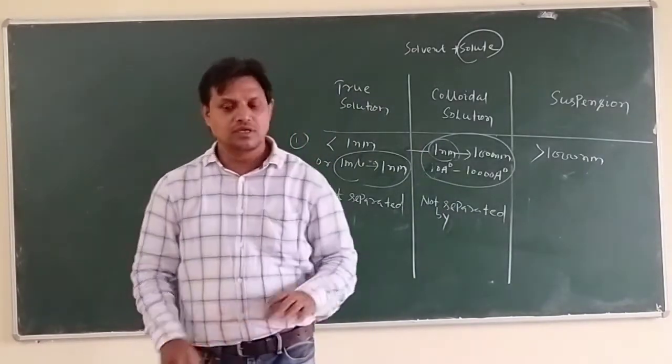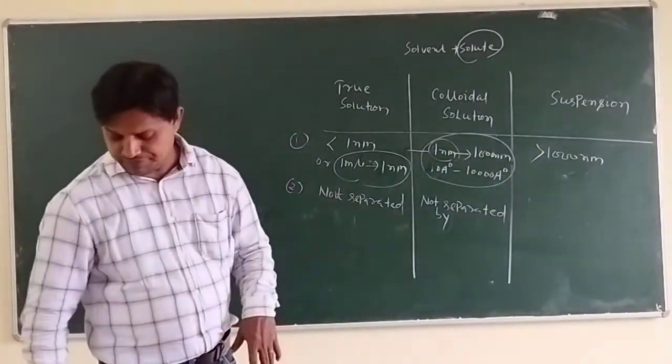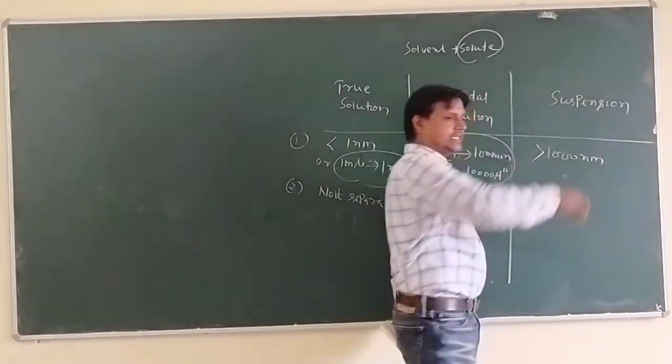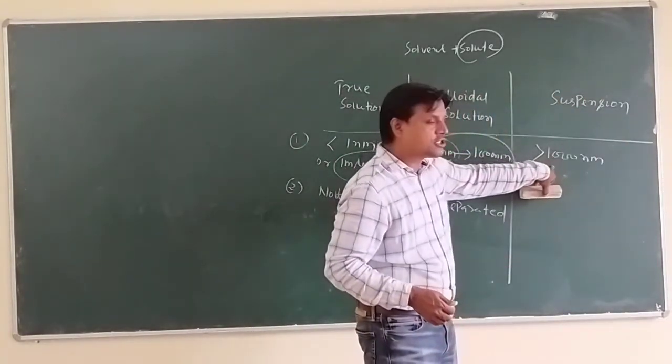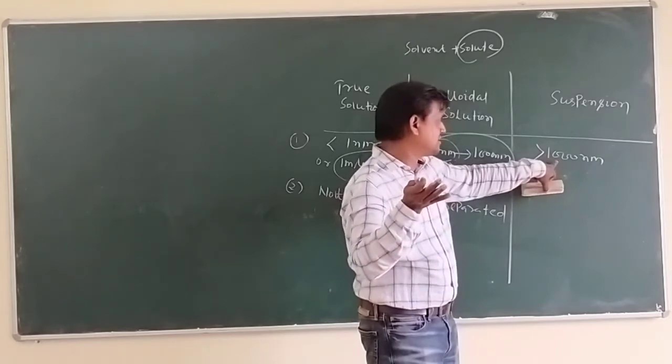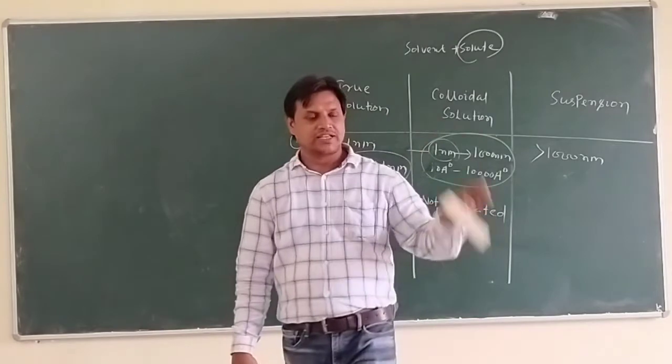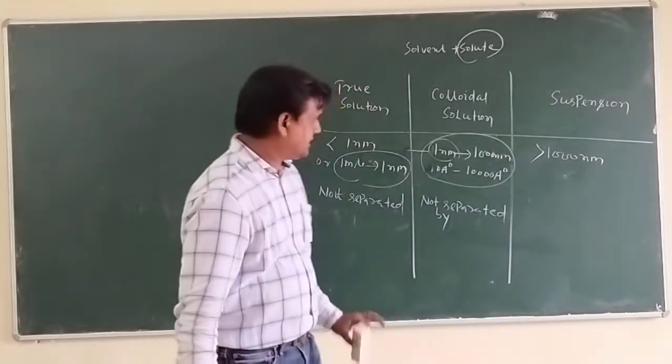A colloidal solution is also not separated by ordinary filter paper. But for suspension, since the size of the solute particle is large, more than 1000 nanometer, it can be separated.